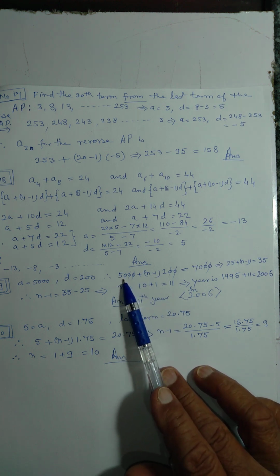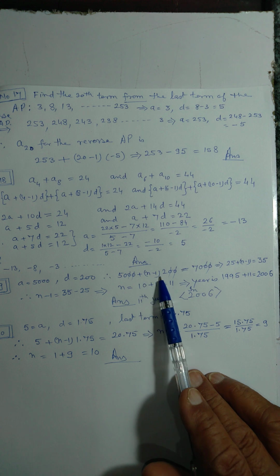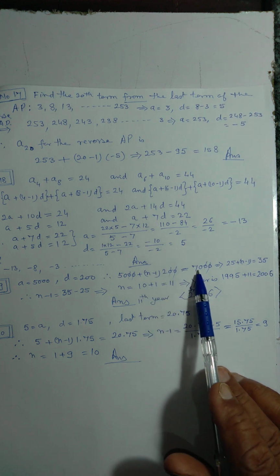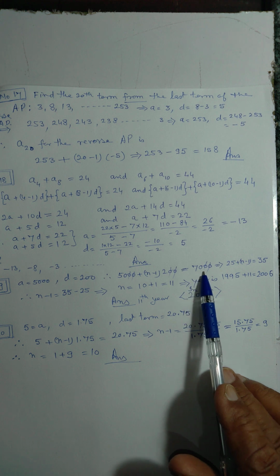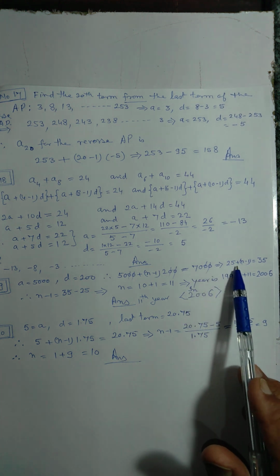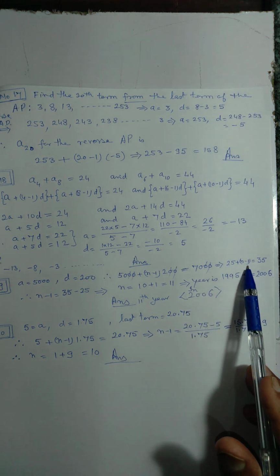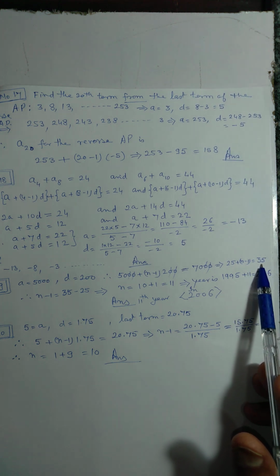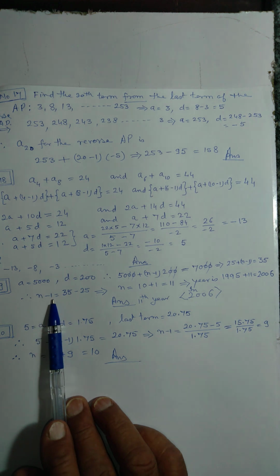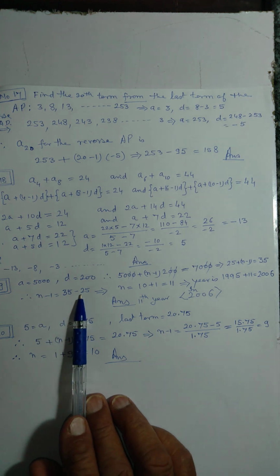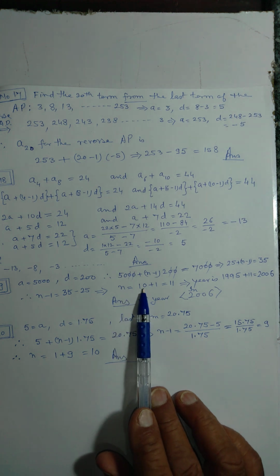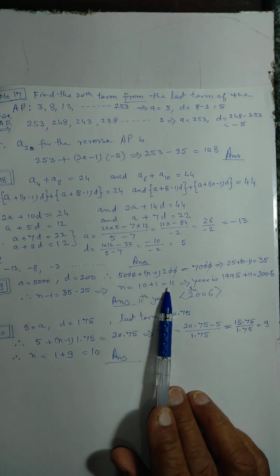So this will become 25 plus n minus 1, the 2 will be cancelled when divided, and 70 divided by 2 will be 35. So 25 plus n minus 1 will be equal to 35. So n minus 1 is equal to 35 minus 25, so n is equal to 10 plus 1, that is 11.